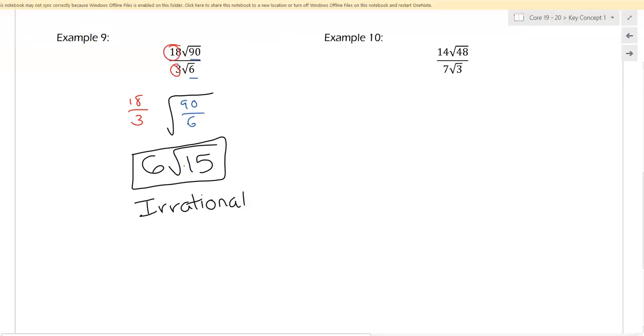Same thing with this last one, right? We have 14 divided by 7. And then we have 48 divided by 3. 14 divided by 7 is 2. 48 divided by 3 is 16.